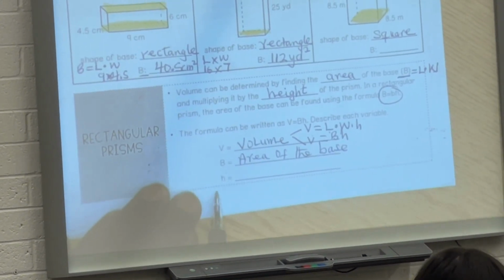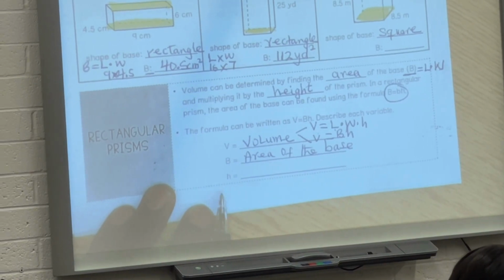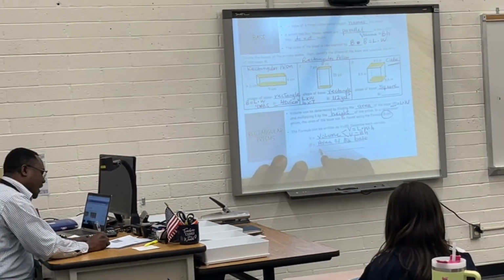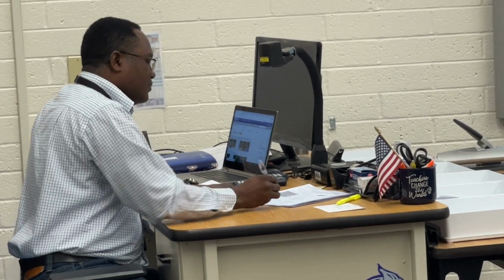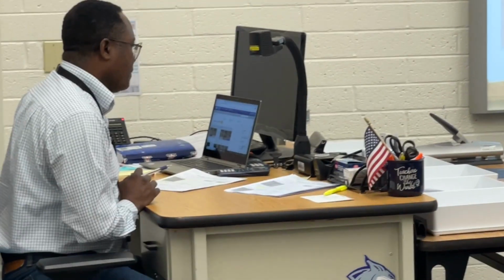Who can tell me the H? The H is the height. Very good. So in all, this is telling us about the volume, which is known as length times width times the height. That is the most important thing that you have to take note of here.